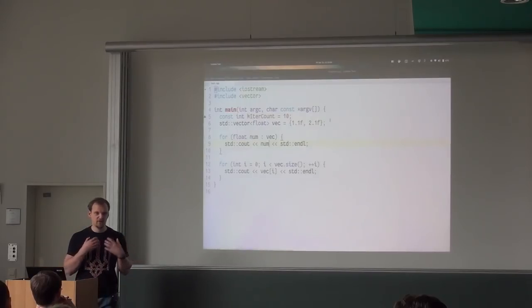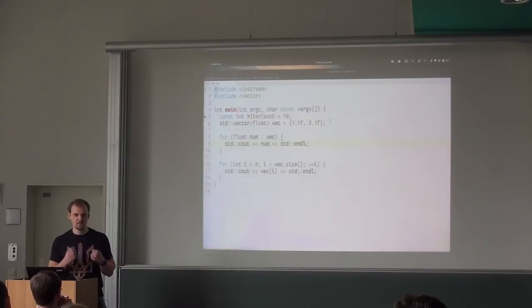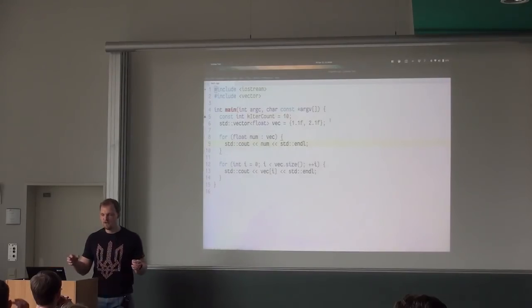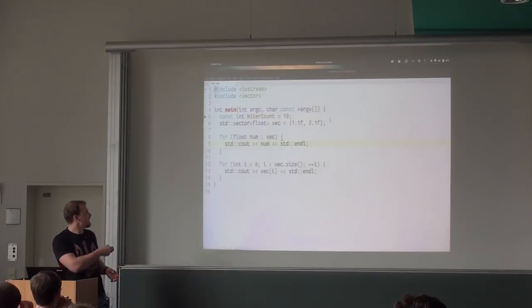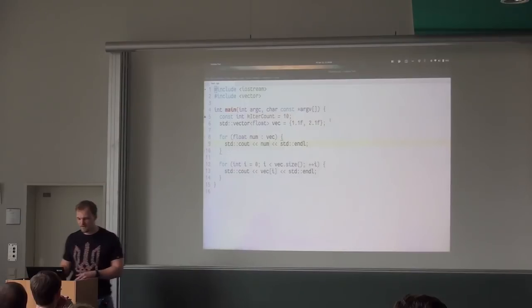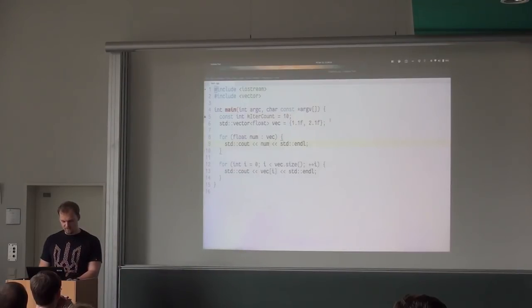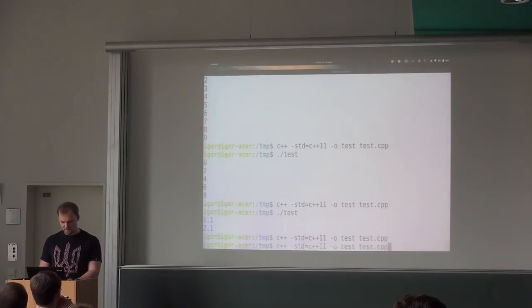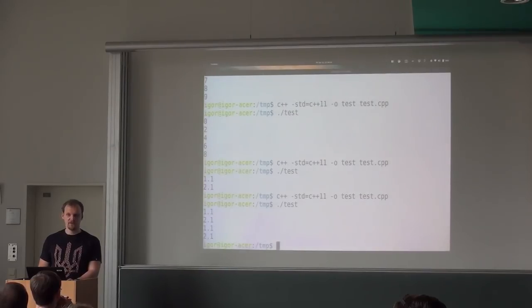And from my perspective, it's much more readable, and it shows what you actually want to do. So you want to go over all elements in the vector, and this shows it. So you say for number in vector, basically. And if we build this thing, it shows exactly the same results.